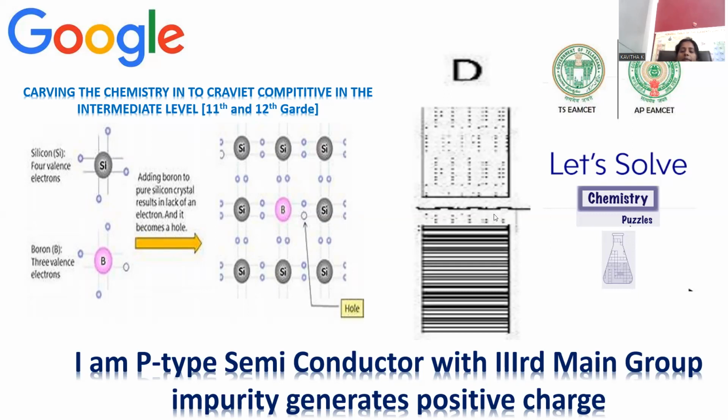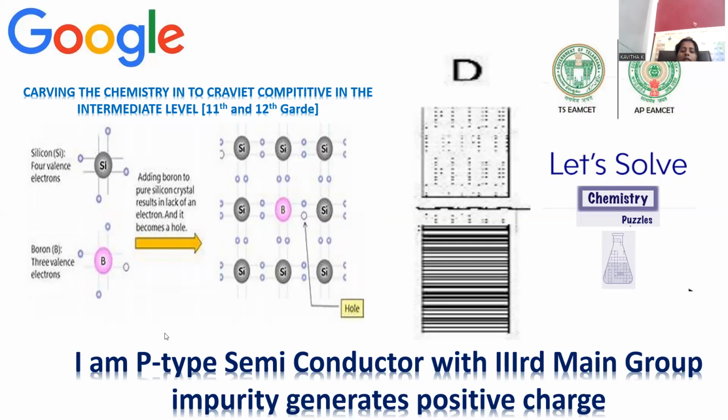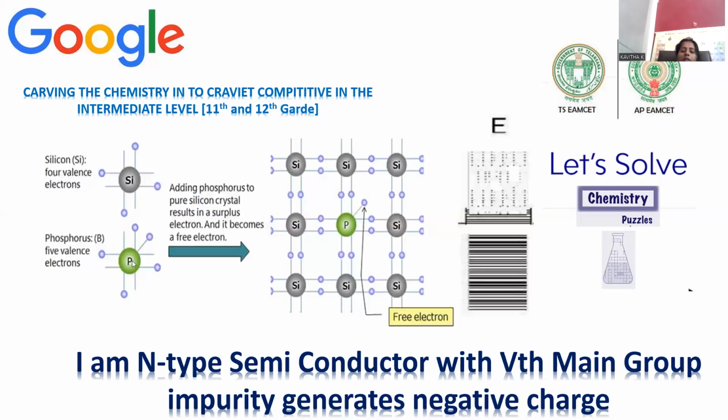And this is the energy barrier between valency and conduction band. And here you can see silicon to phosphorus. Silicon with boron is p-type. Silicon with phosphorus is said to be n-type. This is a fifth main group element, and a fifth main group element has a natural tendency to release electrons. Electrons will be given up.